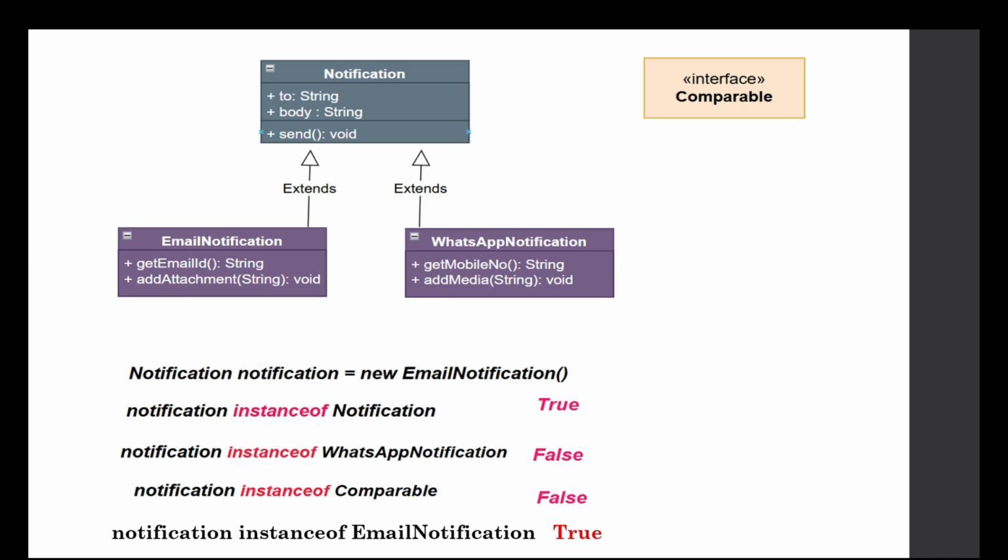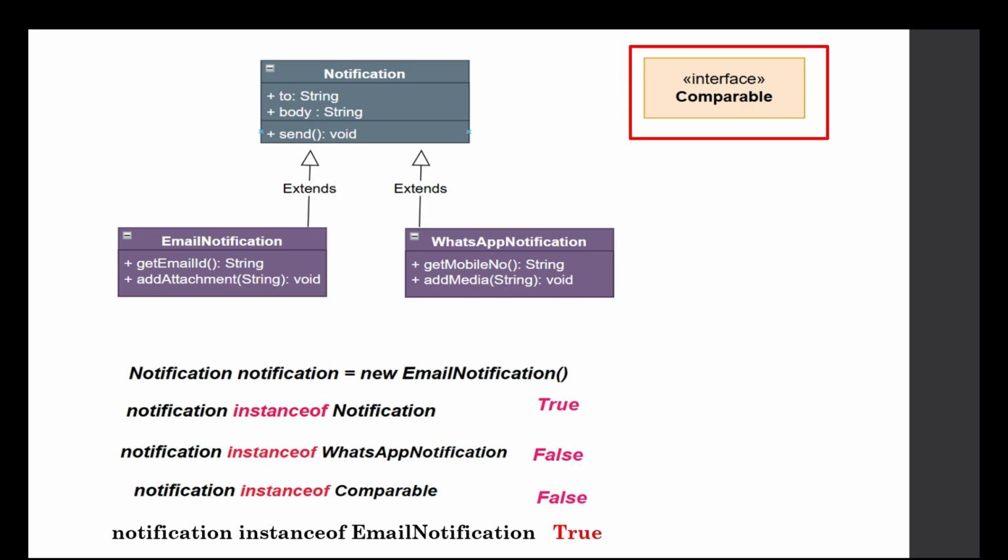So in this class diagram, we can see that we have three different classes: Notification, EmailNotification, and WhatsAppNotification. And here EmailNotification and WhatsAppNotification are the child classes of Notification. And then we have one interface named Comparable, and which is separate.